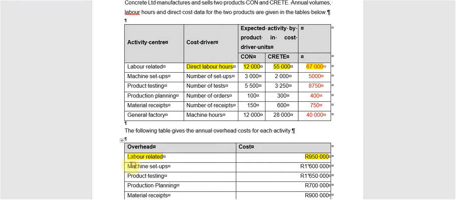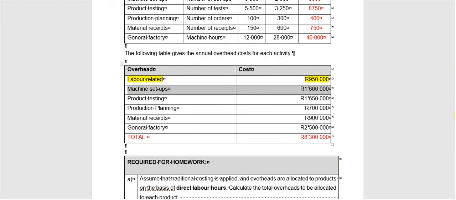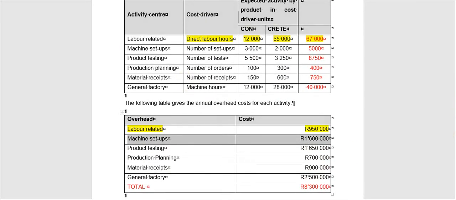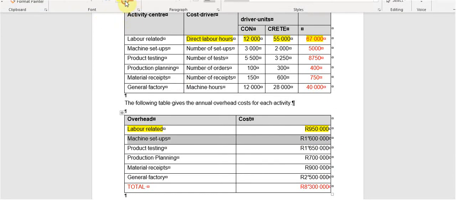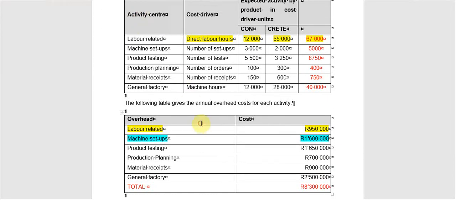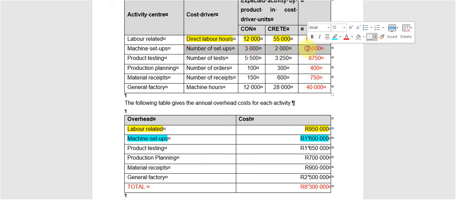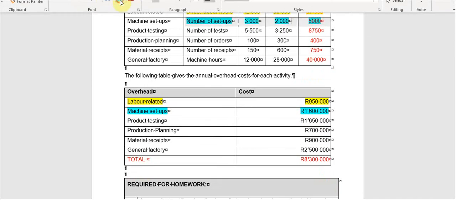Then we have the machine setups, and that is 1.6 million. I am going to highlight that one in turquoise, and it goes with the number of setups, which is its cost driver.